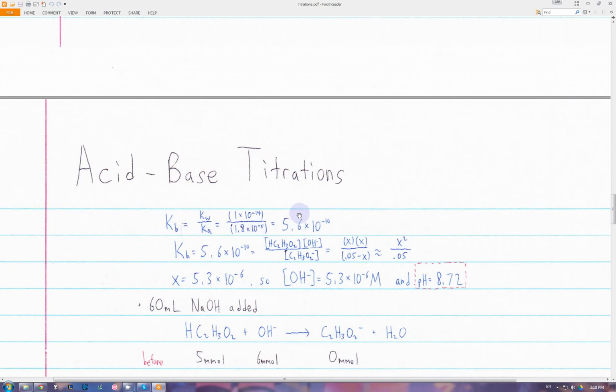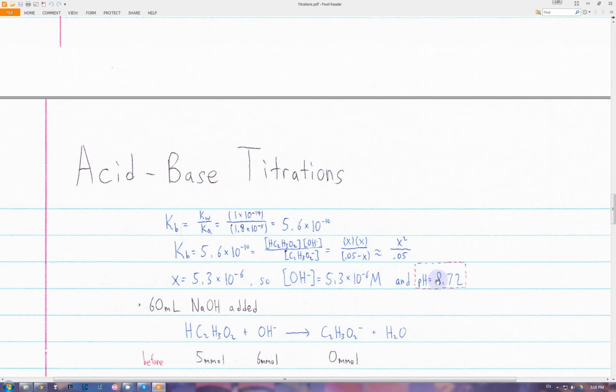So we find the Kb for acetate ion and use the equilibrium expression with the values in the ICE chart that we just did. Ignoring this minus x with the 5% rule, we can solve for x, and that's just going to be the concentration of hydroxide, and then we can find the pOH and the pH.